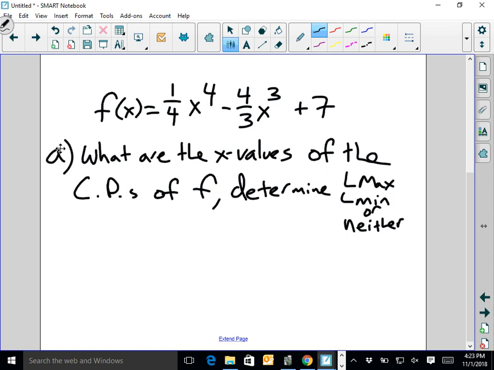So again, we want to find the x values of the critical points of f. We want to determine if those critical points are local mins, local maxes, or neither.